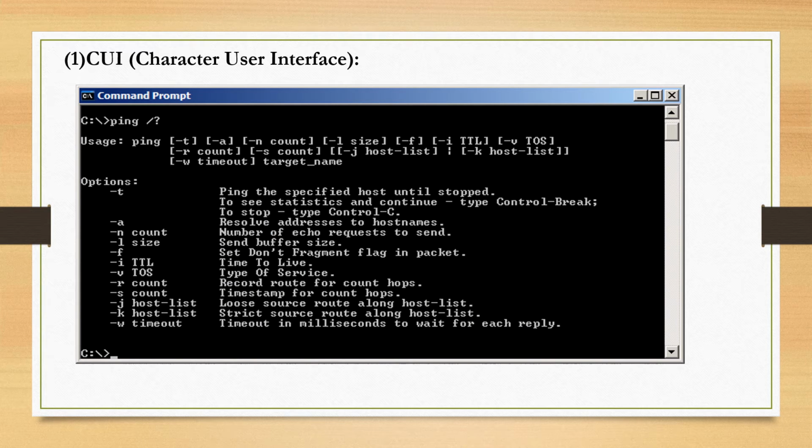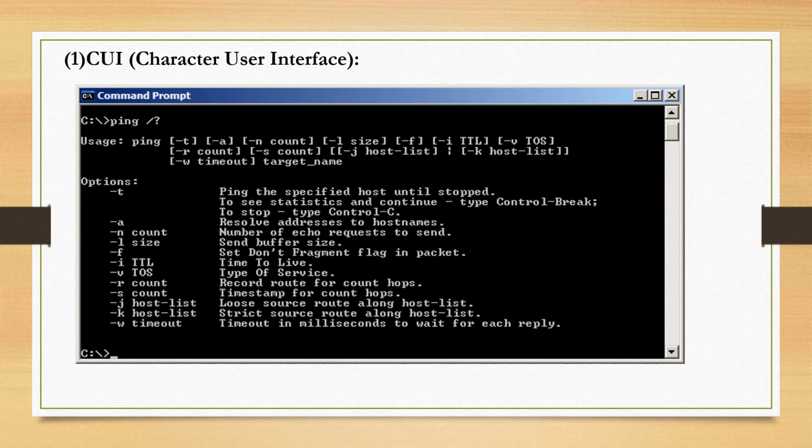You can see here CUI means character user interface, which means we can control our computer system in two ways. The first one is CUI, character user interface. You can see here they have written something which we can't understand easily. This is called coding.